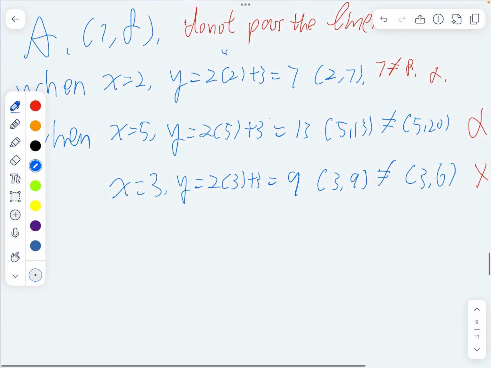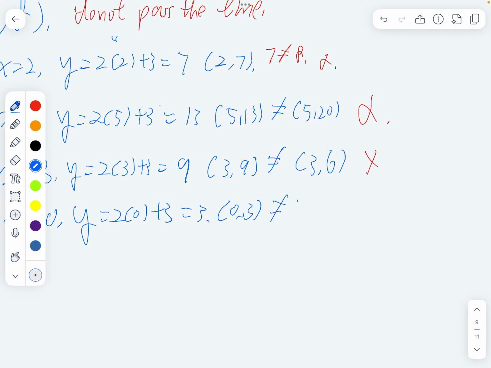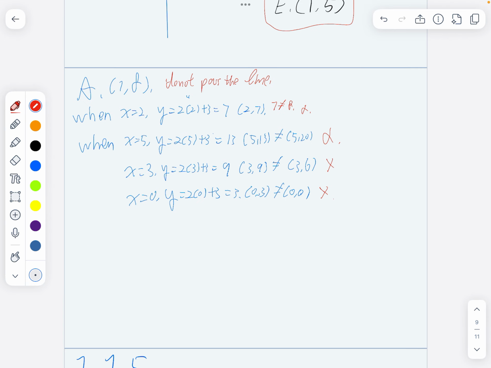The D, with x equals 0, the y equals 2 times 0 plus 3 equals 3, that is 0, 3. It also does not pass 0, 0. That means this point also does not pass the line.